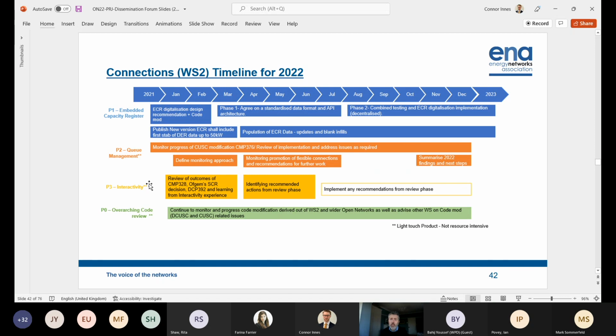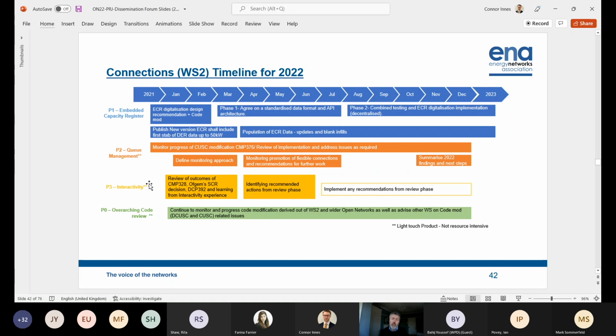Are people hitting their milestones? Are they not? When they're not hitting them, are they outside of their tolerance bands? What's that meaning in terms of people having to leave that connections queue? So just try to give that visibility, and that was an idea that came out through a predecessor to this forum, actually, probably the last time we were speaking about these things. So we're looking forward to bringing some of that forward this year.